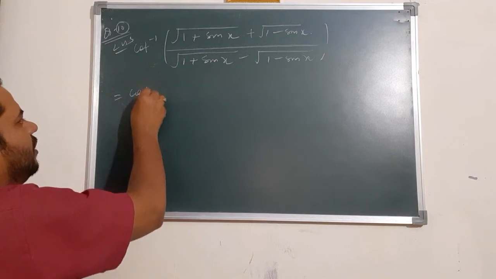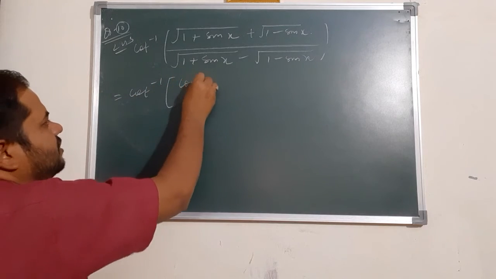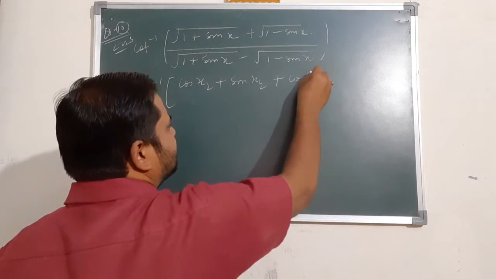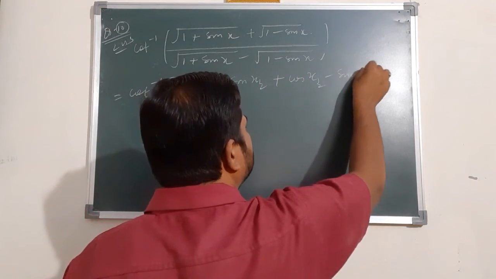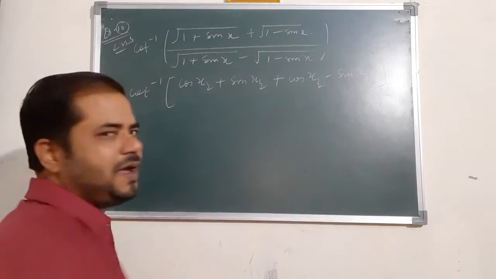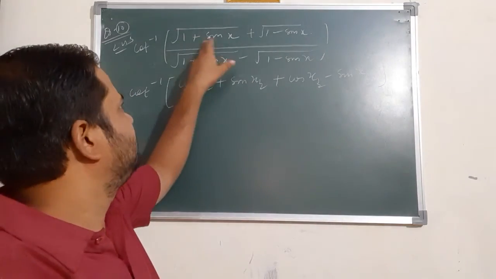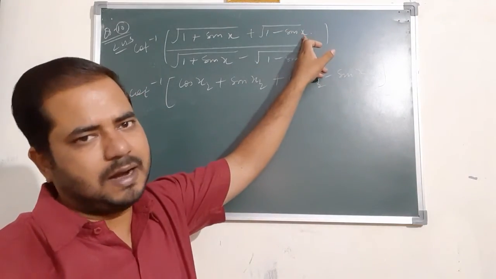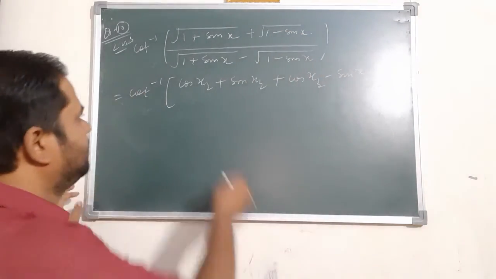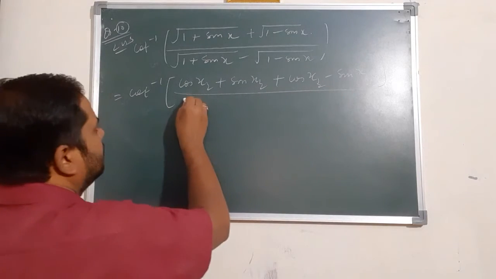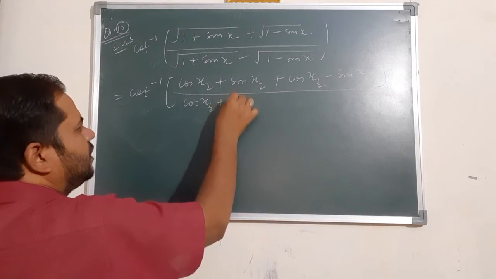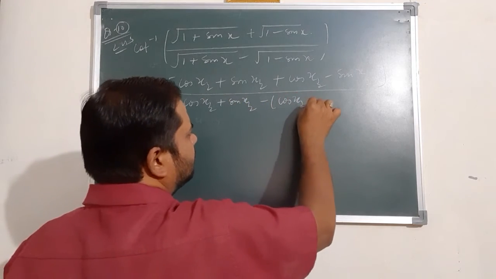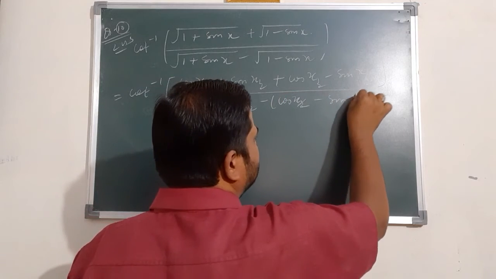So cot inverse of cos x by 2 plus sin x by 2 plus cos x by 2 minus sin x by 2, this we can write, and on the downside also, cos x by 2 plus sin x by 2 minus cos x by 2 minus sin x by 2. So simple.